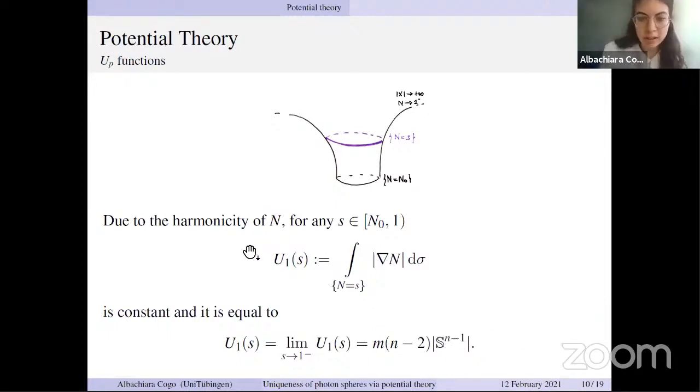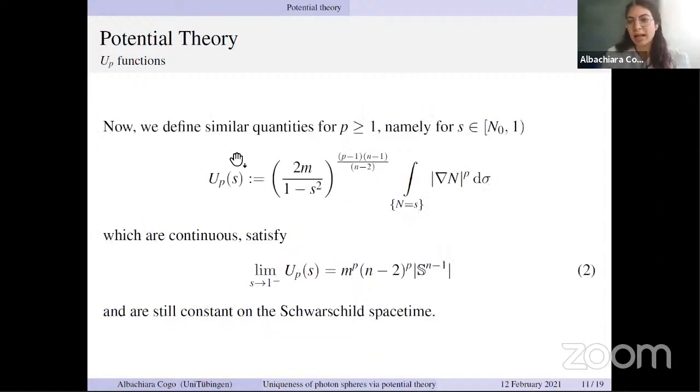So they started from this observation, and they generalized this idea to any p bigger or equal than 1, taking these u_p functions, which are given again by a function and an integral over a level set of the norm of the gradient of n to the power p.